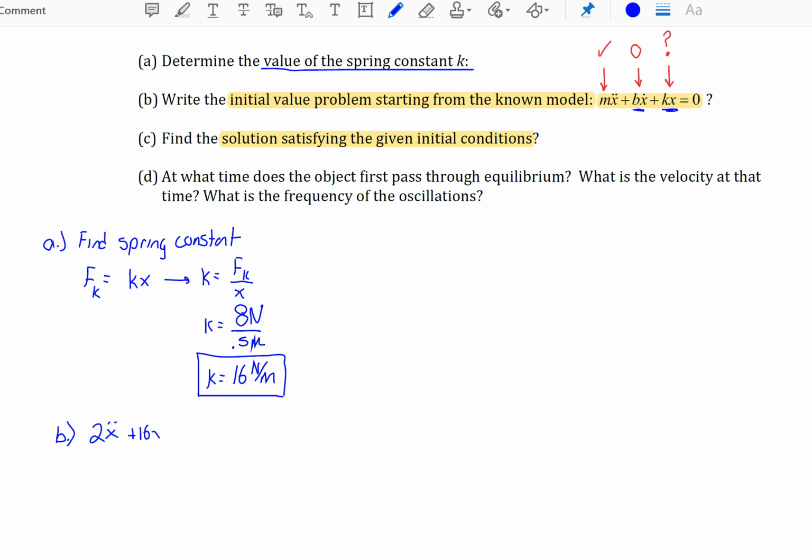So 16x equals 0. We also know that this spring mass system was originally stretched a half a meter, and that the initial velocity at time 0 is also 0. This is our initial value problem.